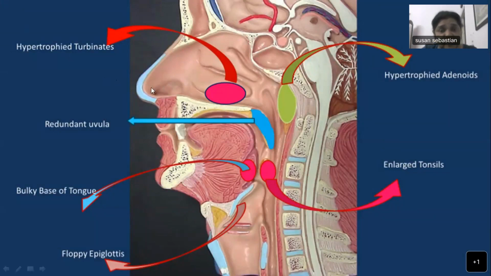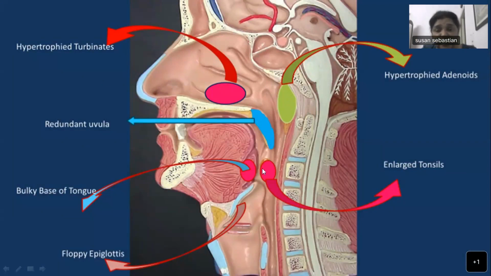The obstruction can be in the nose. It can be a hypertrophied inferior turbinate or a deviated nasal septum. It can be in the nasopharynx with a hypertrophied adenoid or a redundant uvula that is pressing against or falling over to the posterior pharyngeal wall.